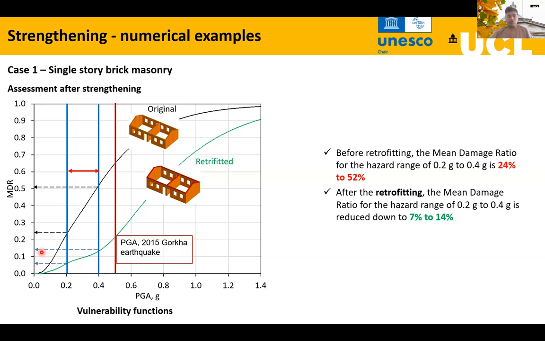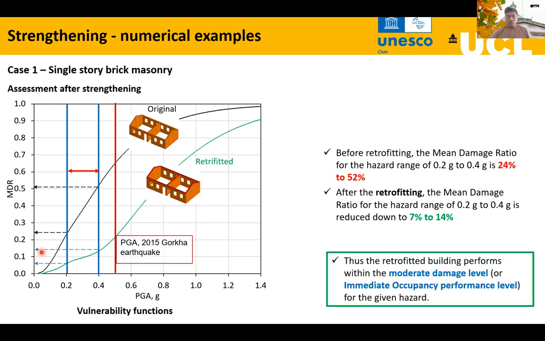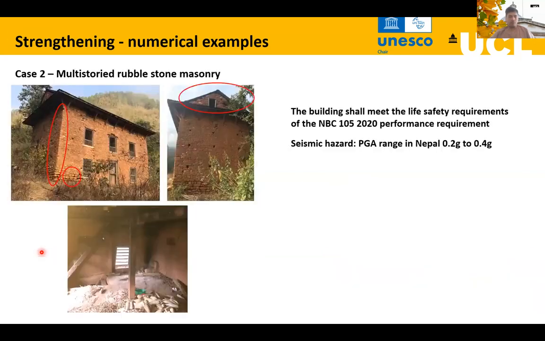So we have managed to reduce the loss for the given seismic hazard significantly. So this is how we justify the retrofit design with detailed vulnerability assessment. So this building now performs well within the given performance requirement from the code.